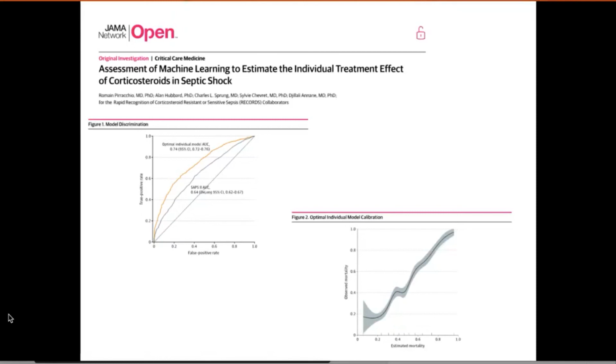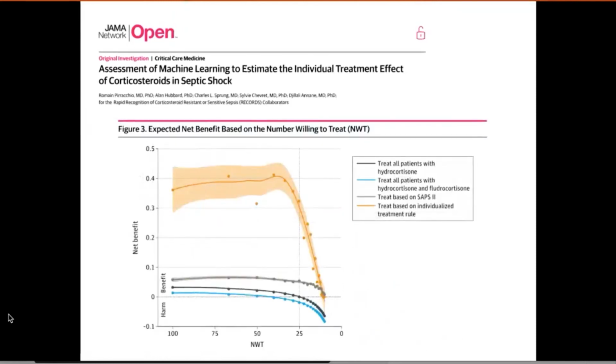Next slide. But what was even more interesting is that then we tried to extrapolate this treatment rule and to see what would be the net benefit of treating patients with different treatment rules. One being based on this super learner, again, for the individual treatment effect.